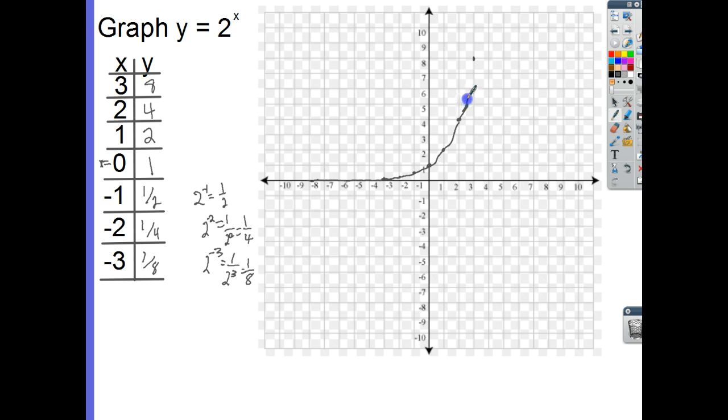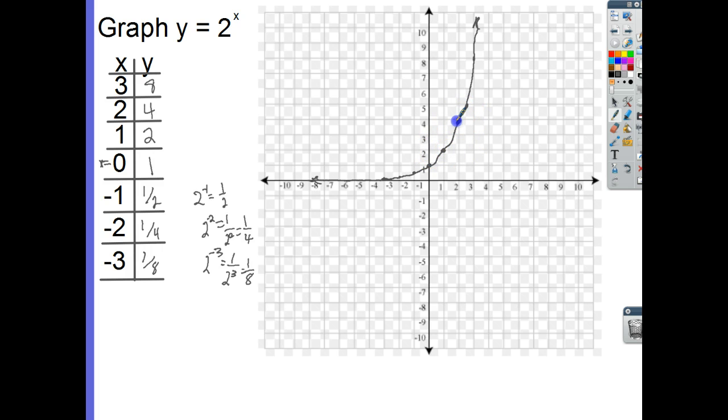I'm trying my best to make a smooth line through here. And we know it never goes straight up, so that would be incorrect. And then we'll put arrows on each end of this. Okay, so that's a rough looking curve, but that's the best I can do with the equipment that I have here.